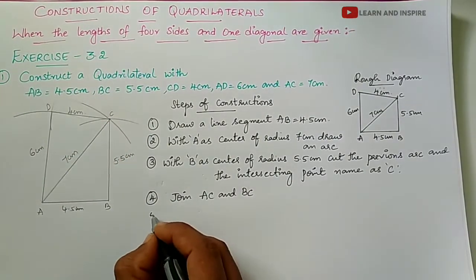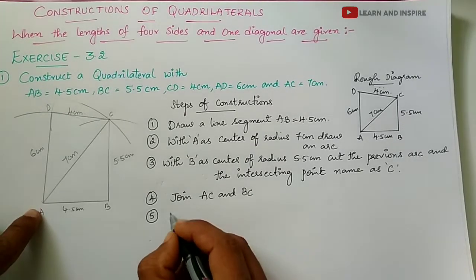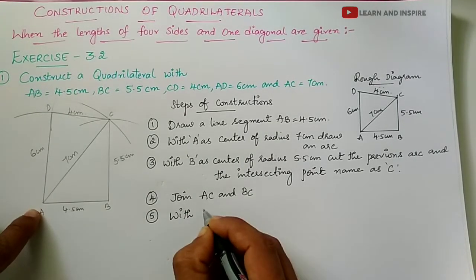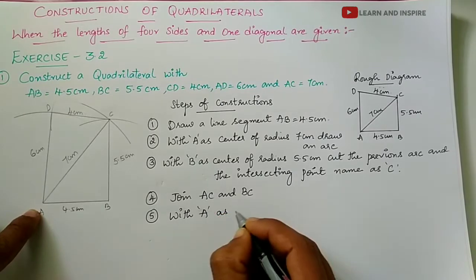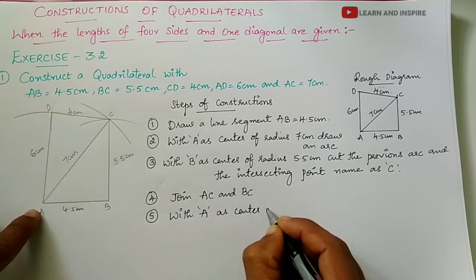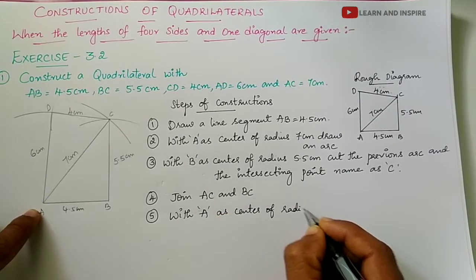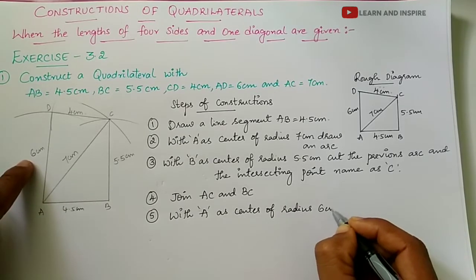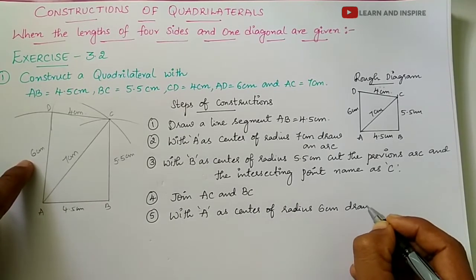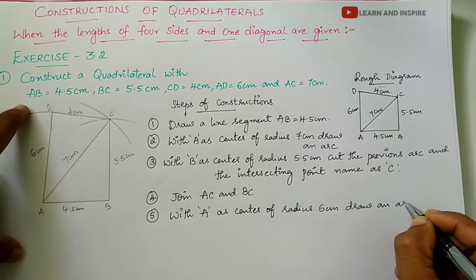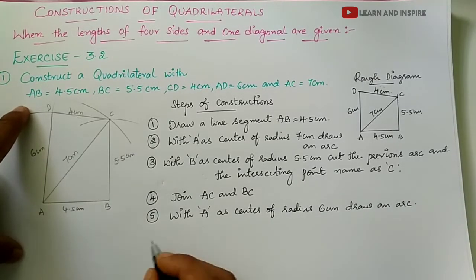Okay, so step 5, with A as center of radius 6 centimeters, draw an arc.